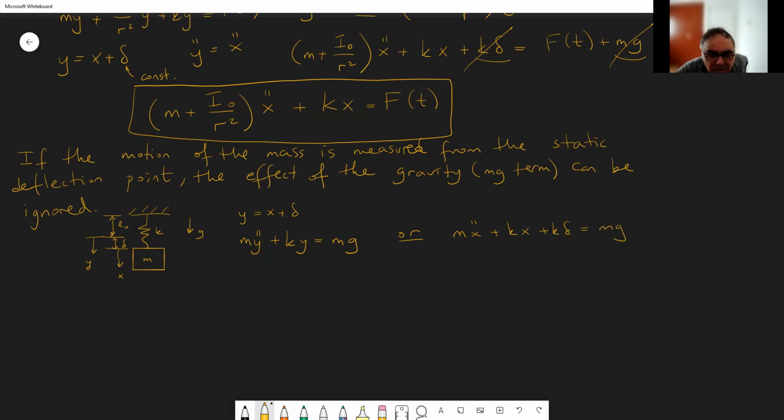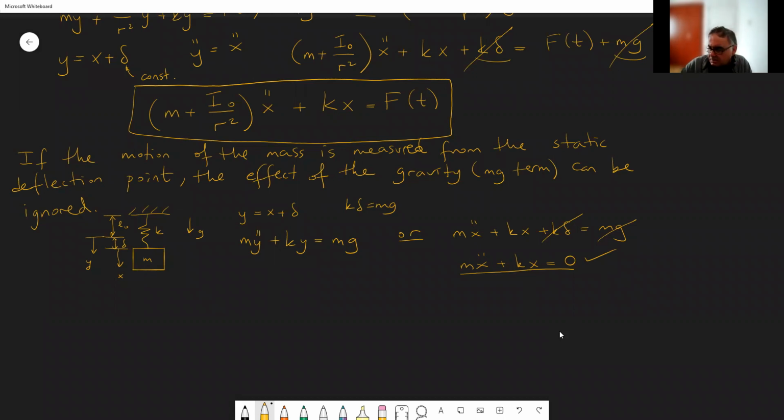As you see, k delta is mg, so these cancel each other. So you get m x double dot plus kx equals 0, which is a cleaner expression than this one. So usually we prefer this one, in which we sort of eliminate the effect of gravity by making a coordinate transformation. That's basically what we have done.